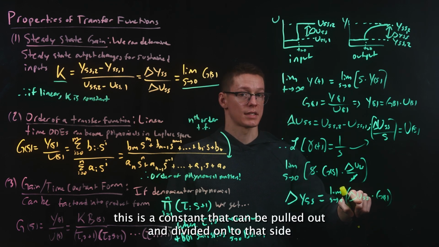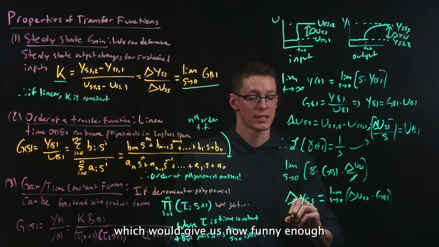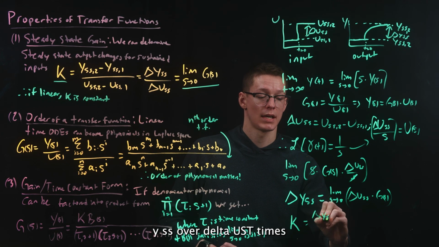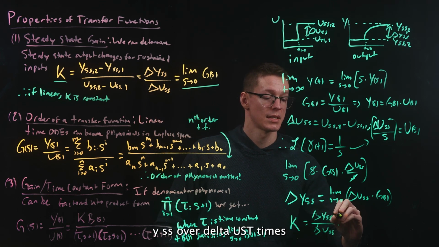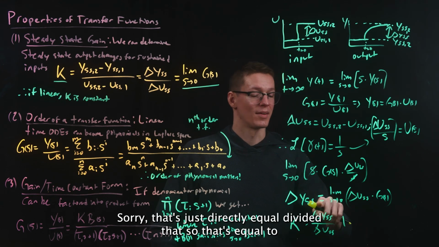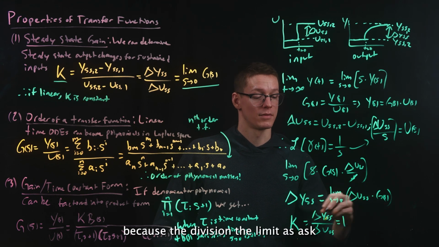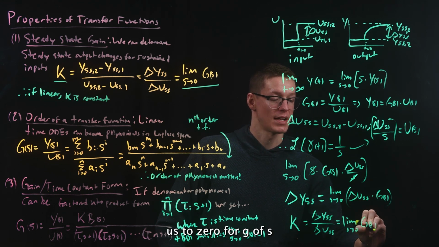This is a constant that can be pulled out and divided onto that side, which would give us, now, funny enough, k, because it's equal to delta yss over delta uss, which is directly equal, because of the division, to the limit as s goes to 0 for g of s.